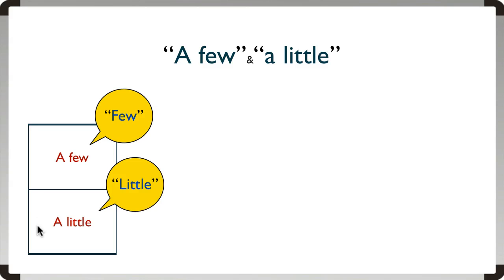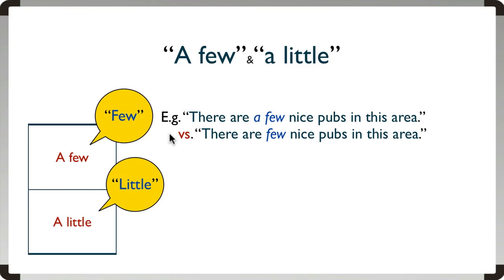Now, before we finish, I want to say something about few and little, as opposed to a few and a little. Now, for a few and few, let's have some example sentences. First one, there are a few nice pubs in this area, and there are few nice pubs in this area. Obviously, there is an "a" missing in the second sentence, but what's the difference in meaning?